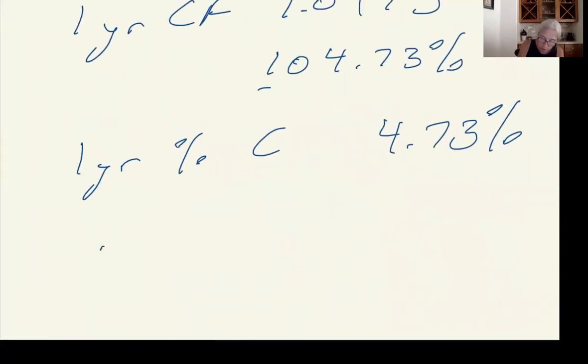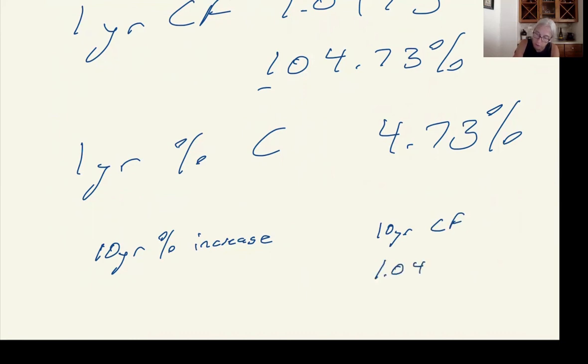Okay, the 10-year percent increase. Well, I would have to first find the 10-year change factor, which is the 1-year change factor raised to the 10th power. Pull up my Desmos here to find that out.